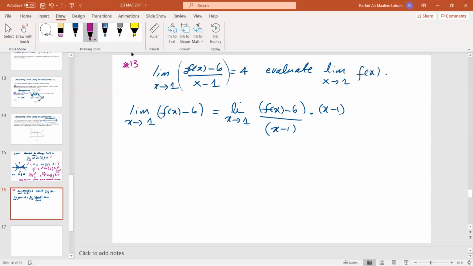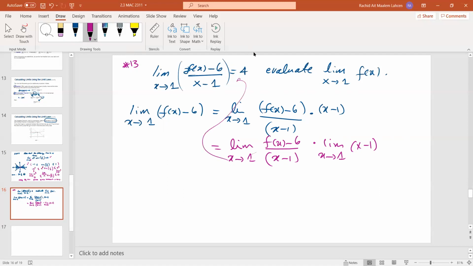And we know that the limit, using the law of the limit, is going to be, because this is the product of x minus 1, and this one is given as 4, and this one is direct substitution, 1 minus 1 is 0, so it's 0. So the limit of this numerator here is 0, right? So that's one way to trick it.